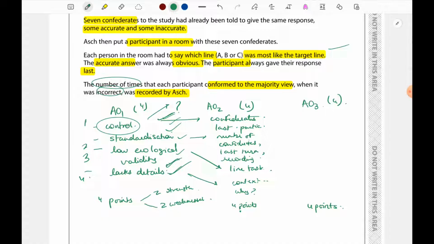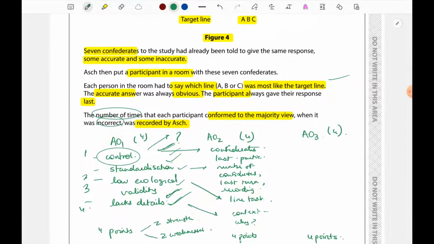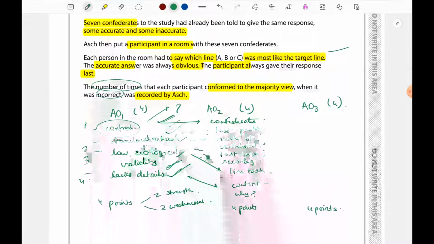In AO3, we have mentioned what the possibilities and problems are already in AO1 and 2, but exactly why is it proving to be a strength or a weakness? That is what we need to explain in AO3. So we need to finish the points that we have made in AO1 and, I'm sorry, AO2.